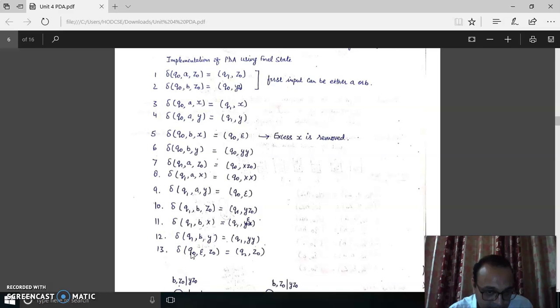So we are writing only this transition: the machine is on the Q0 state, the string has been exhausted, and the initial stack symbol is the stack top symbol. What we are doing is moving to another state, the Q2 state, and performing no operation. This Q2 state must be the final state.